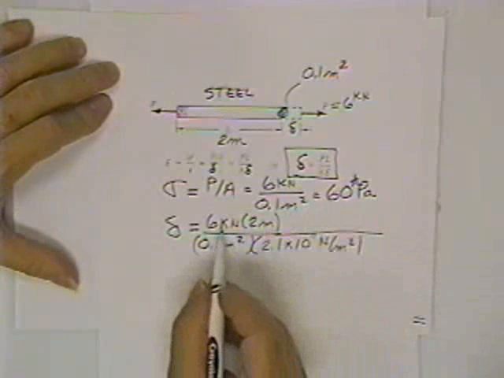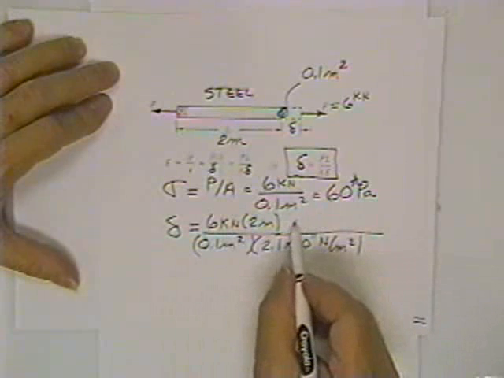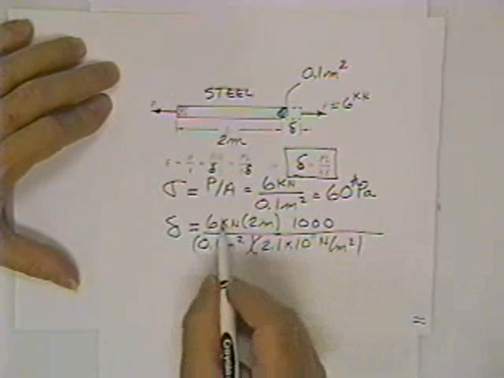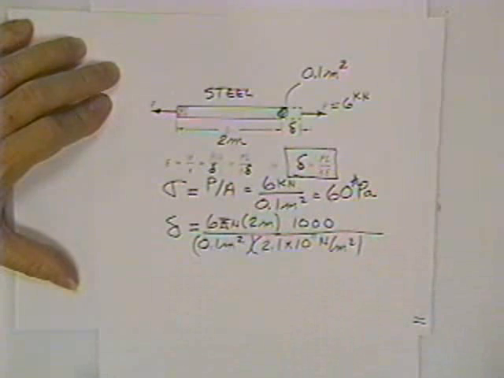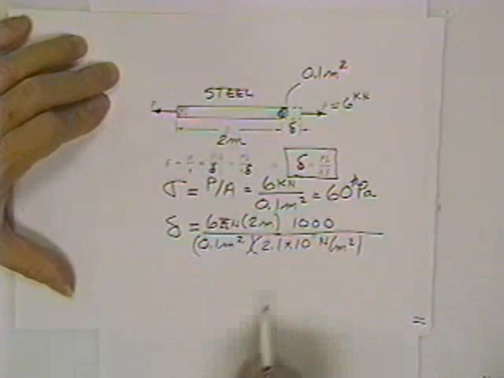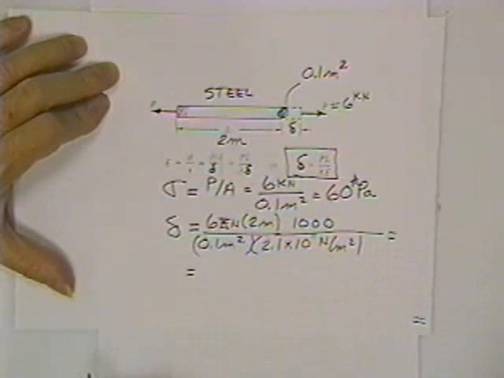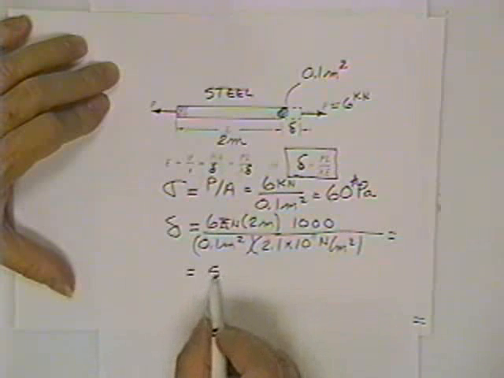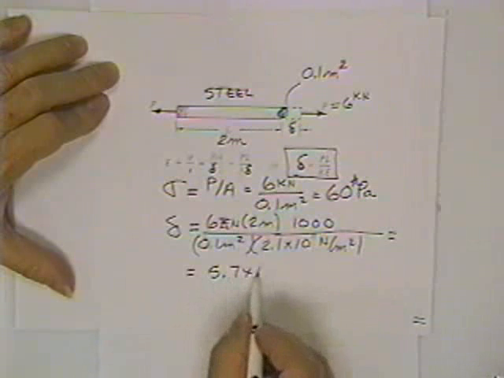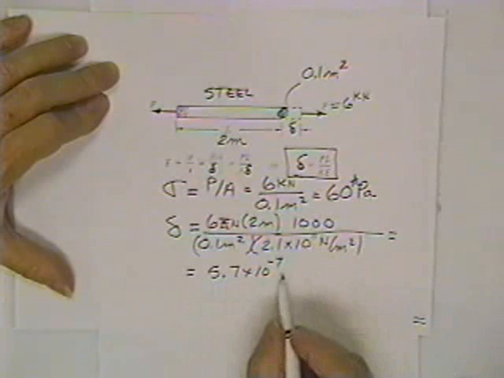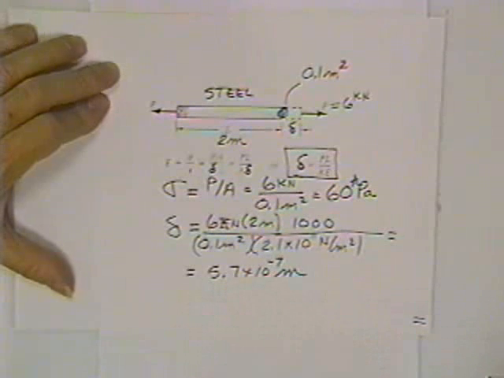And before I get in trouble again here, I better change that 6 to 6,000. So I've got it in newtons, 6,000 newtons. And then whatever that works out to, that would be how many meters it gets longer. You got a number for me? 5.7 times 10 to the minus 7th meters.